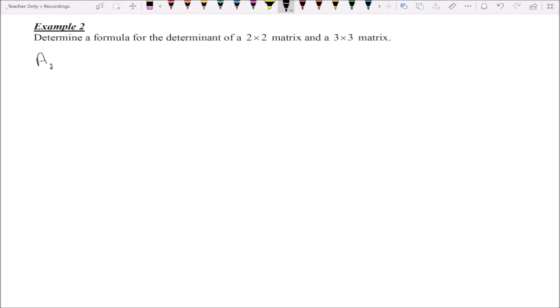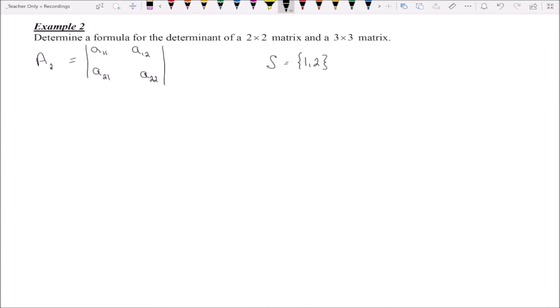Let's call that matrix A2 to represent a square matrix of order 2. All right, so we have a total of 4 entries, A11, A12, A21, and A22. Okay. Now our set is just 1, 2.